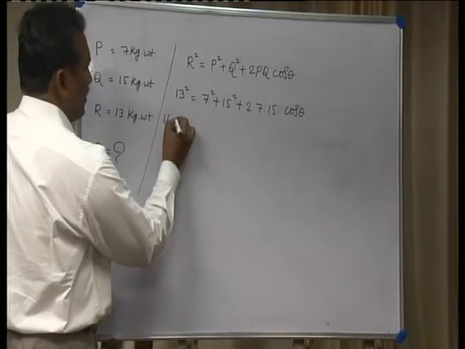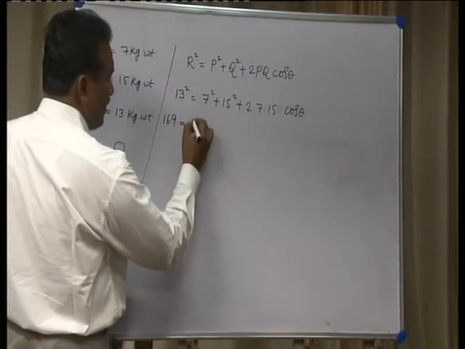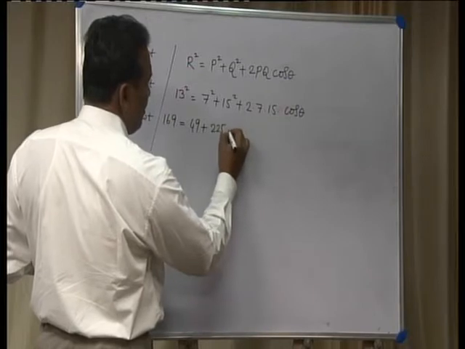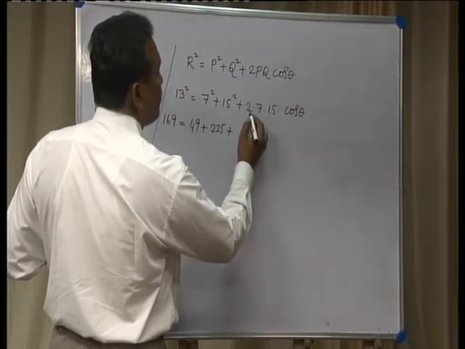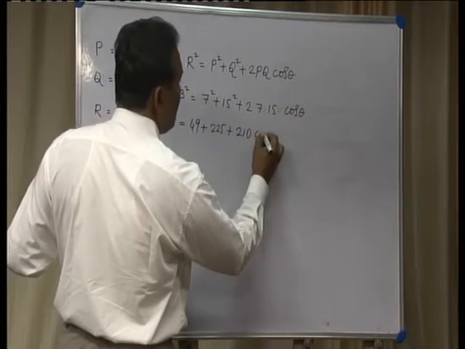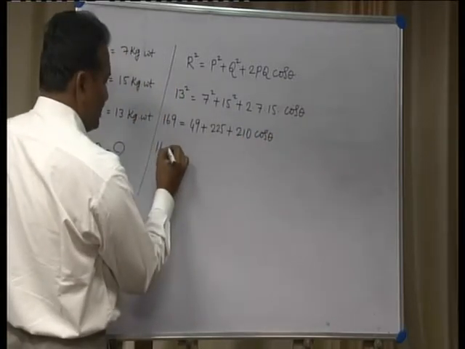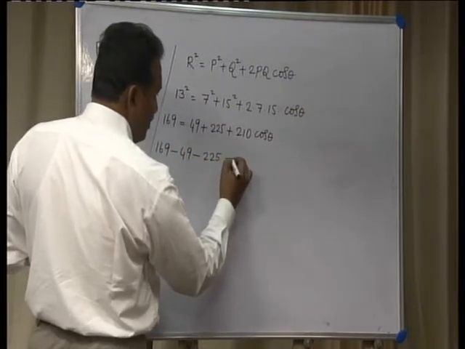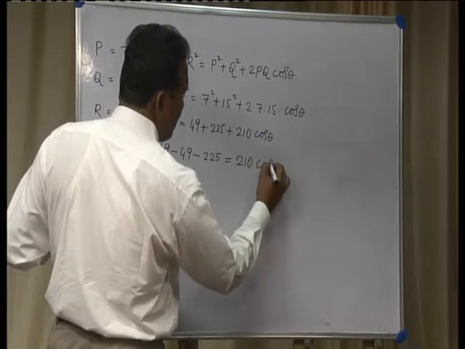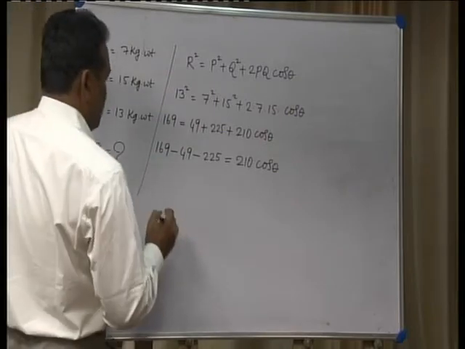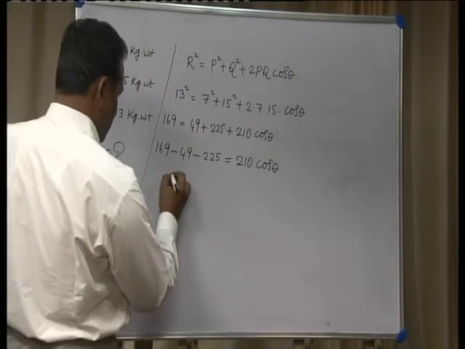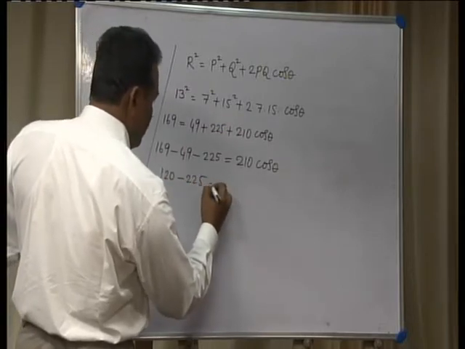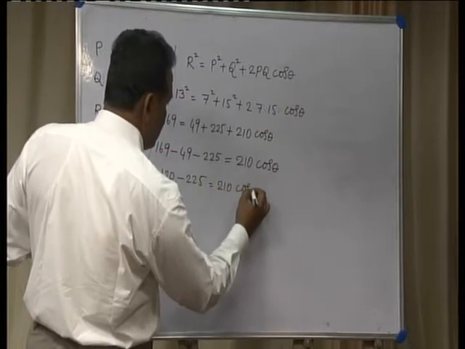13 square is 169 which is equal to 7 square is 49 plus 15 square is 225 plus 210 cos theta. 169 minus 49 minus 225, which is equal to 210 cos theta.